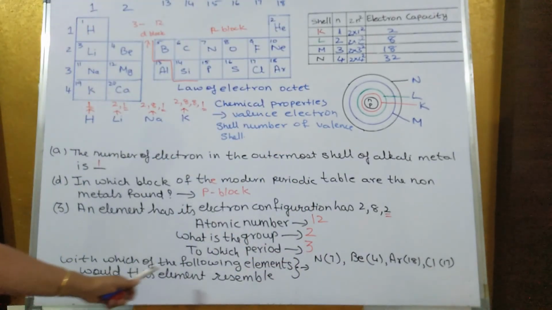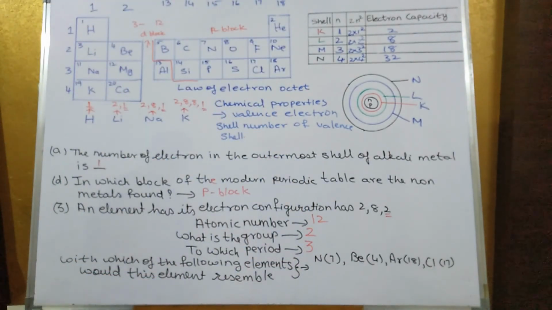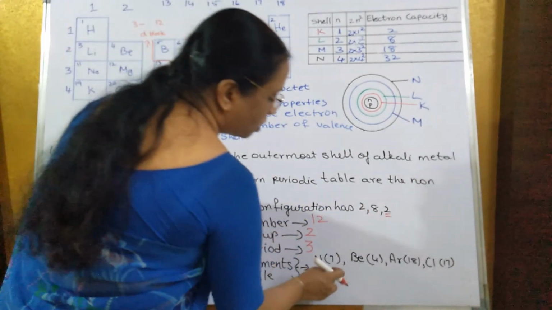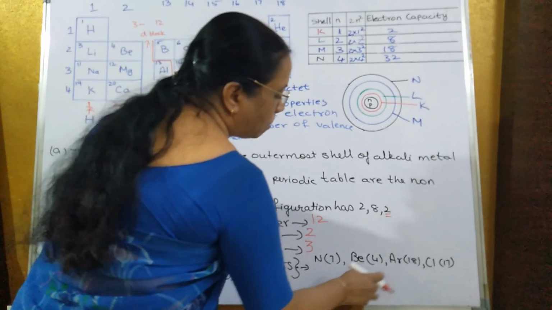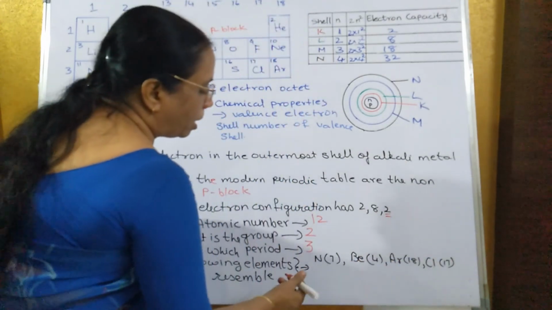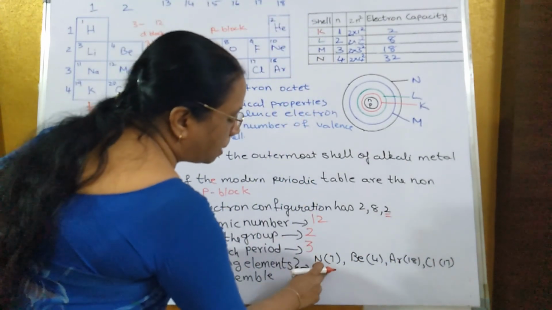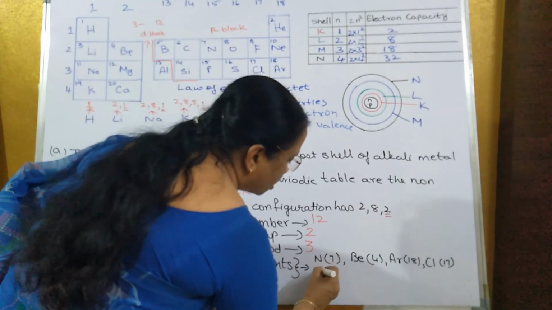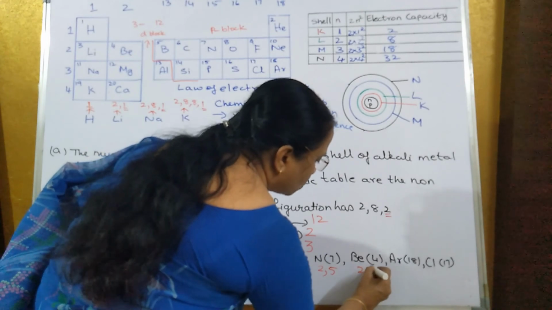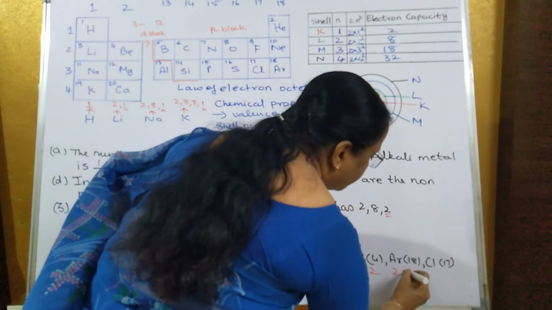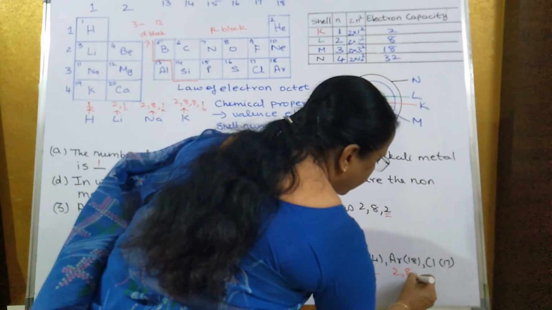Now with which of the following elements would this element resemble? Does it resemble nitrogen, beryllium, argon or chlorine? They have given the atomic number in the bracket, so write down the configuration. Here it is 2, 5. Here it is 2, 2. This is 2, 8, 8.